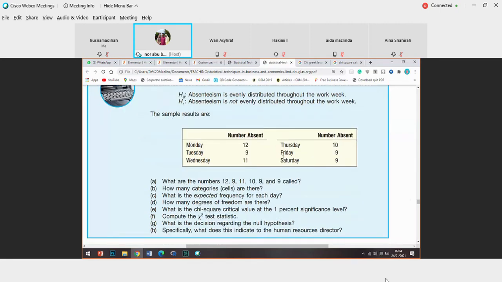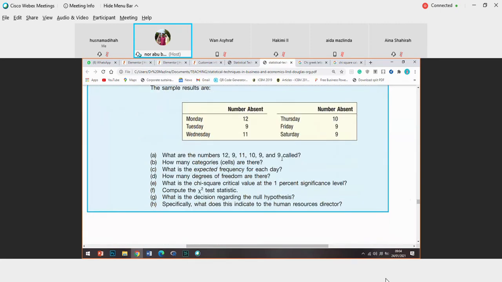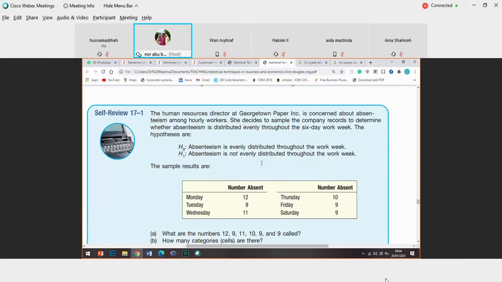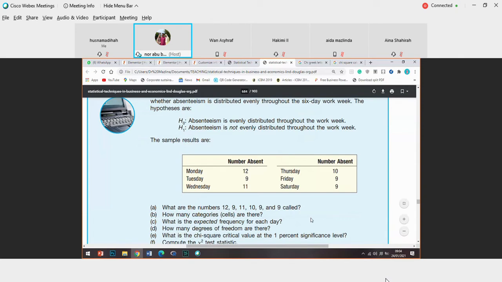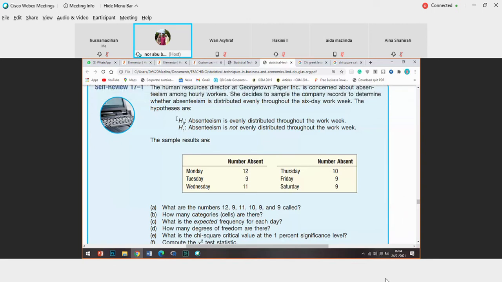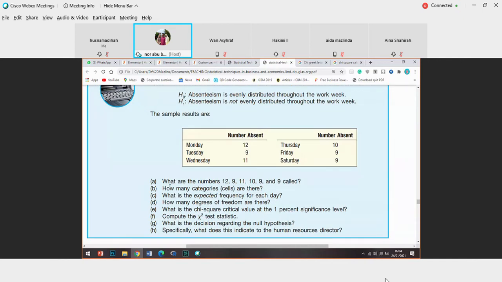Okay, equally distributed or not. Okay, now kalau awak tengok soalan self-review ni, ini adalah jenis soalan mungkin diploma level lah. Okay, ataupun jenis soalan yang cognitive value dia agak rendah sebab dia guide awak satu.